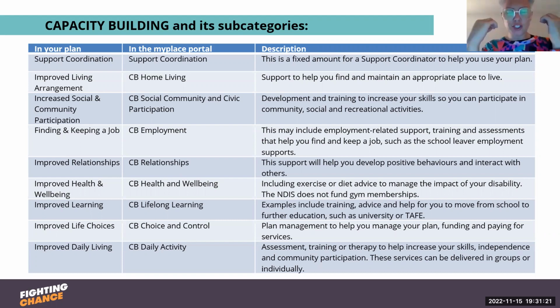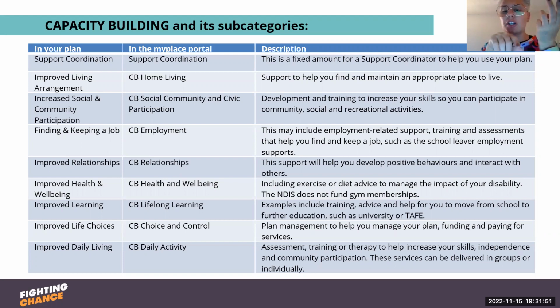And then the most common budget that is pretty much in every single NDIS plan, or should be in every single NDIS plan, considering it is a capacity building scheme, is your improved daily living, so your therapy budget. So it can be for assessment, not diagnostic assessment, but for assessment. So if it's a functional capacity assessment or if it's a neuropsych assessment, for training or skill building, and therapy.